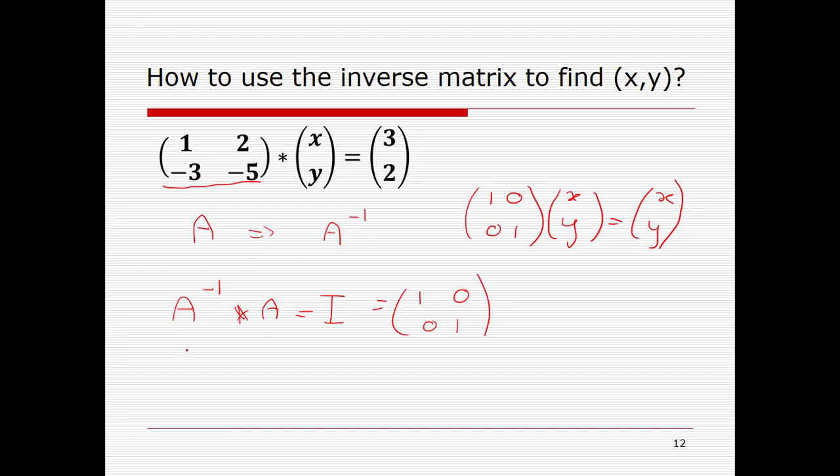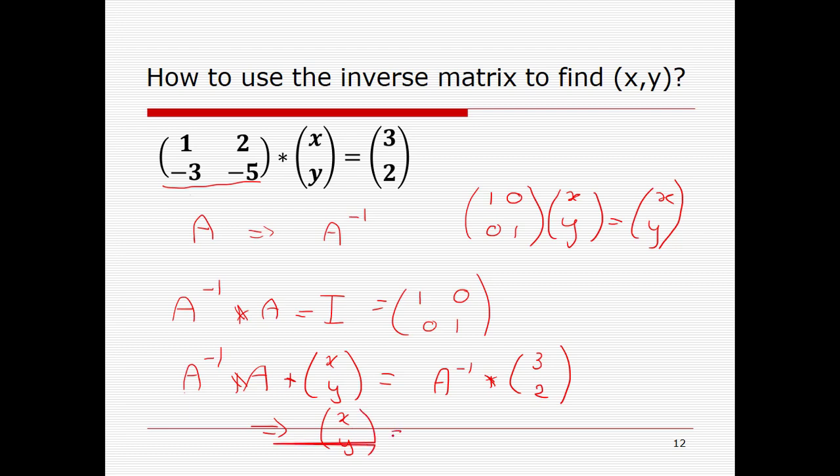So that means if I do this, A minus 1 times A times xy, and I have the same multiplication on the right, A minus 1 times 3, 2, at the solution part, then on the left I have nothing left. So this would result in xy being A minus 1 times 3, 2.